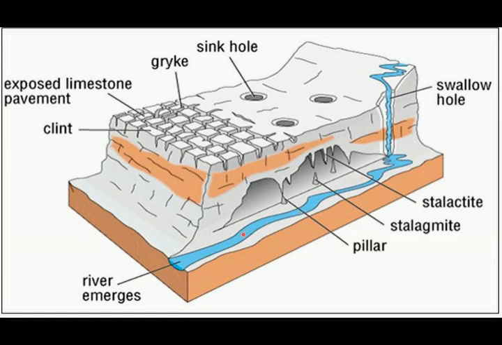Remember, the impermeable rock is a layer of rock that does not allow water to pass through. So the water will flow along this impermeable rock and may re-emerge miles down slope as a spring or resurgent stream. Okay, so there we have it.